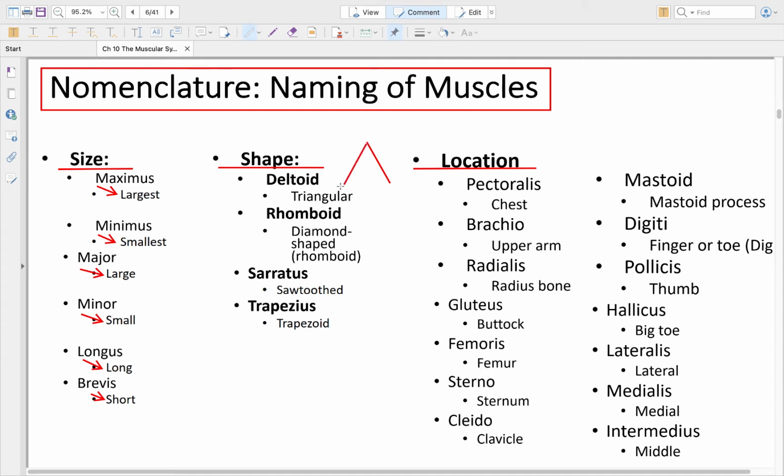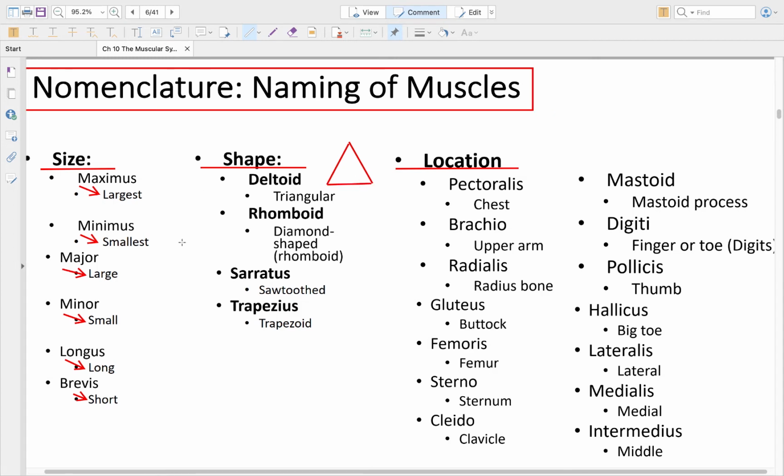It simply means that is the shape of that muscle. Everybody has their shoulder muscle, and we know that it's called the deltoid, but most people don't know the reason why it's called the deltoid is because it is a triangle-shaped muscle. And then we have the rhomboid, which is a diamond shape.